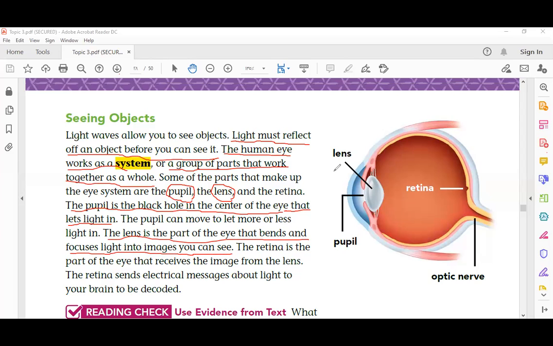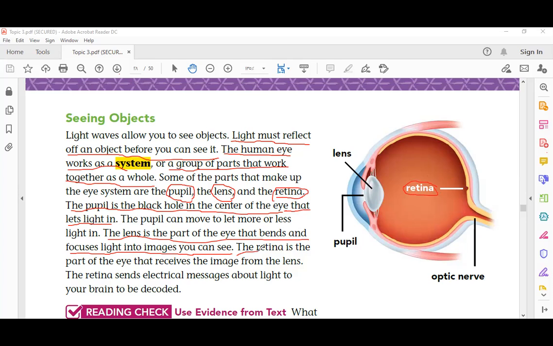So what happens to the light? After the light comes to your eyes and enters your eyes through the pupil, the lens focuses the light, then the light goes to the back of your eye, inside your eye, to a part called the retina.